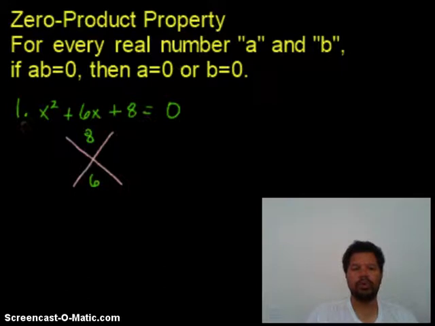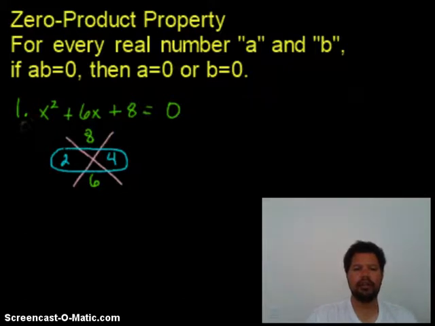So we want to find the factors, that means the things that multiply to 8, but when we combine them together, they come out to be 6. So we think through that and we say, okay, so what works? Well, the factors of 8 that will add to 6, or a positive 6, would be 2 and 4. So we're going to use these factors right here.